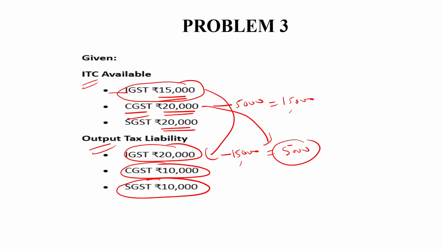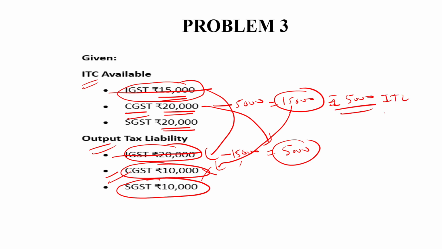So this 20,000 is gone, and 15,000 is remaining. This 15,000 can be utilized to set off 10,000 of liability. If we use this, we have a balance of 5,000 rupees. So this is input tax credit of CGST that can be carried forward.